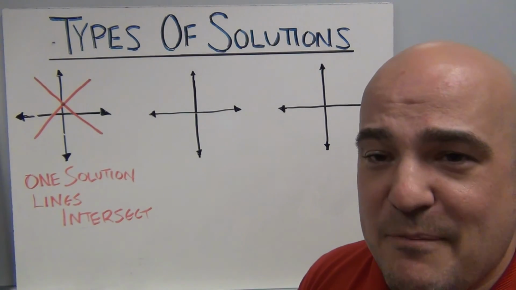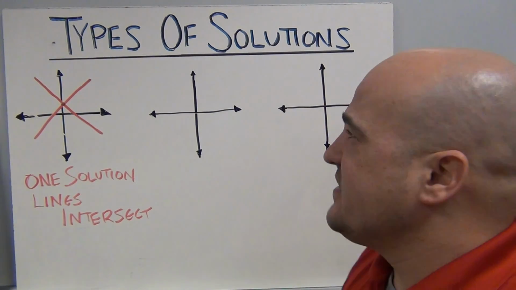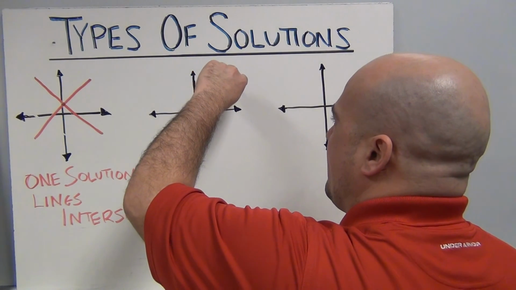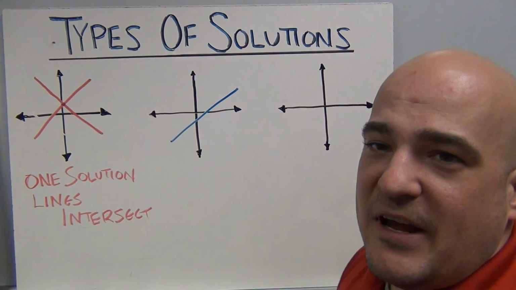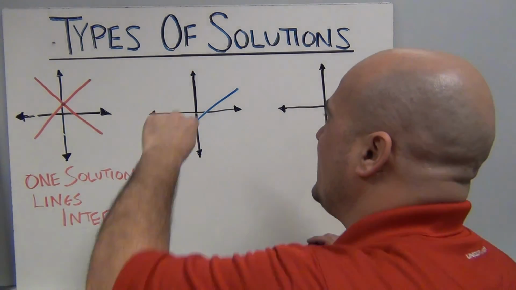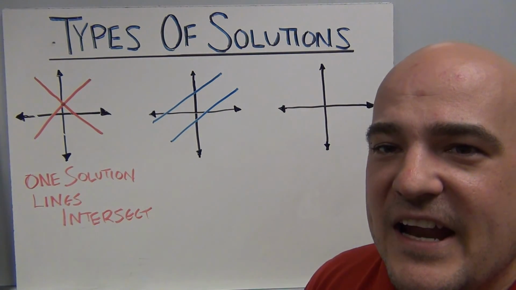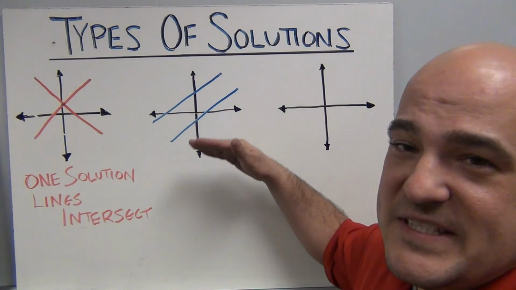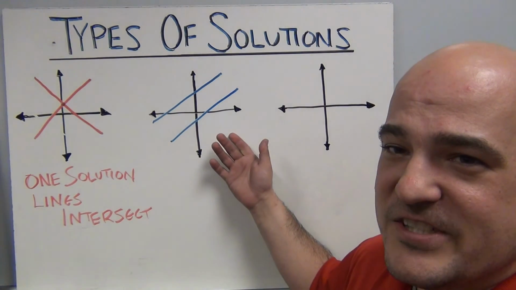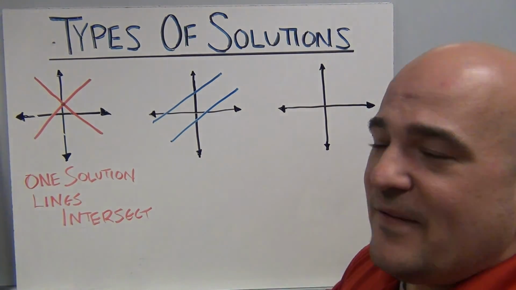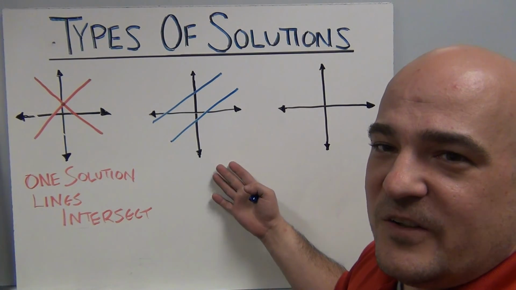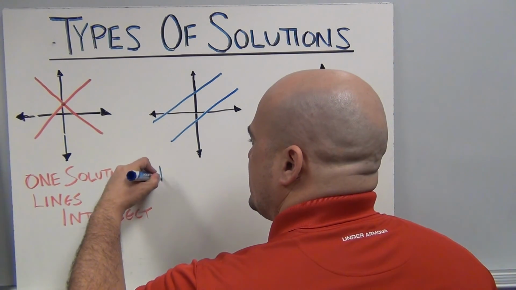Another thing that could happen when we graph these two lines is we graph one of them, and it might look something like that, and then we graph the other one, and it might look something like that, and then these two lines are parallel, which means they never cross each other, they never intersect. So if this happens when we graph, then our solution is we have no solution.